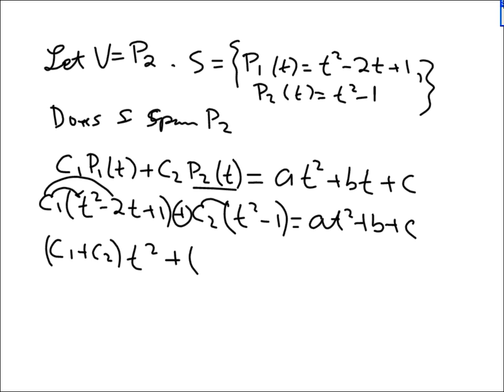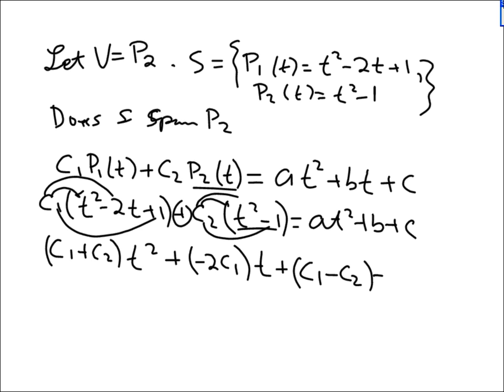Well, we have negative 2C1 and none in the second one. How many constants do we have? Well, we have C1 plus negative C2, C1 minus C2. That's the constant. And this is supposed to equal a t squared plus b t plus c.